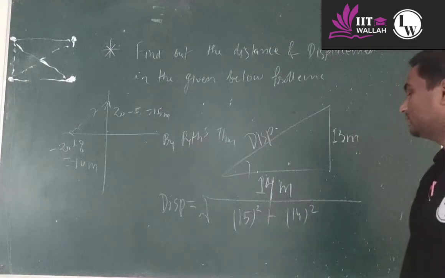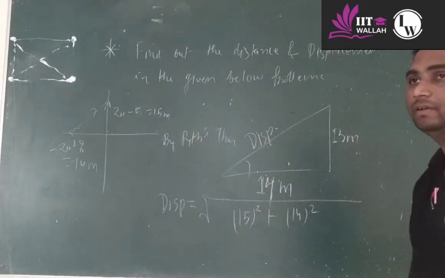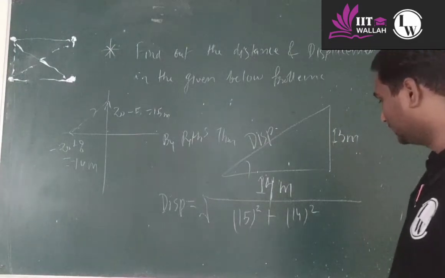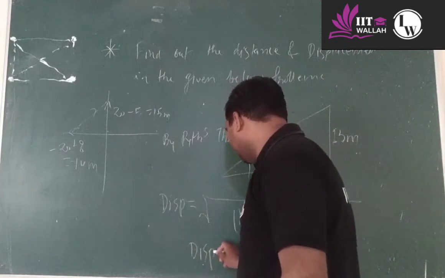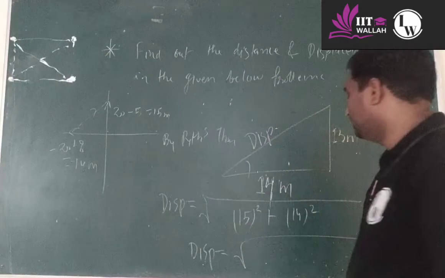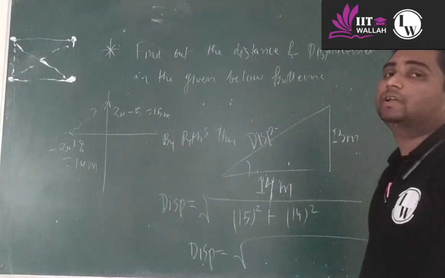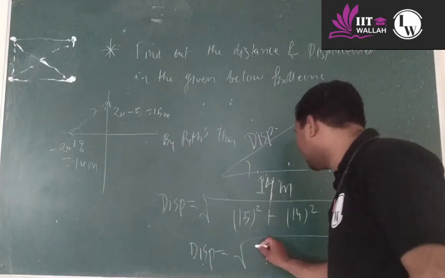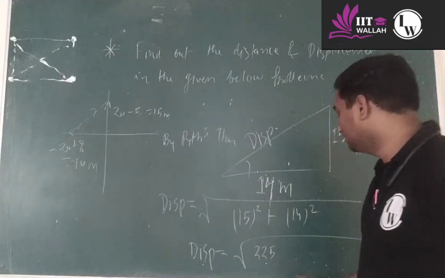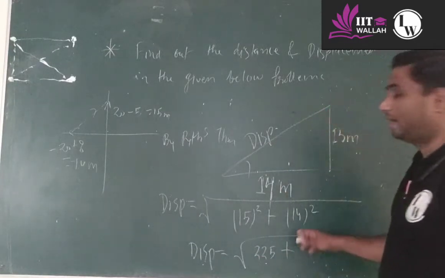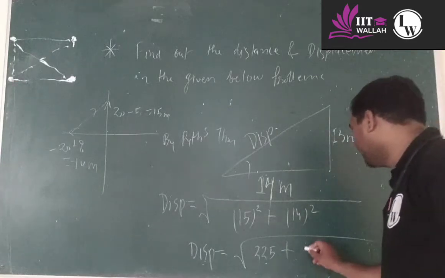This will come as displacement equal to... 15 square is how much? 15 into 15, and this comes to 225. And 14 square is how much?